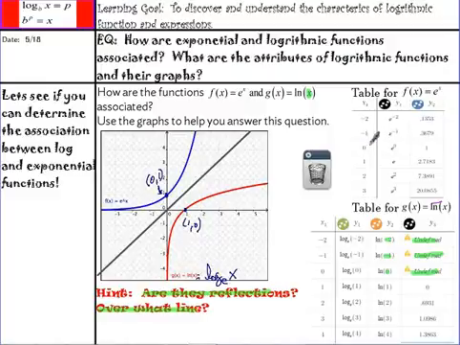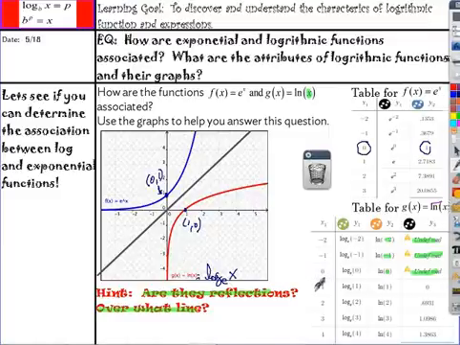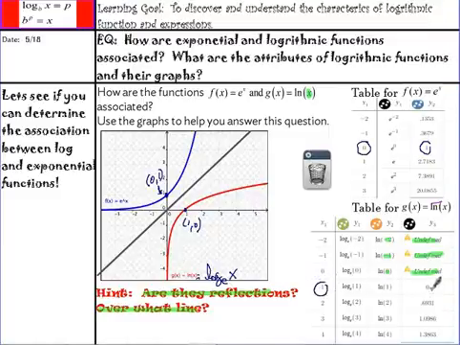The table will also verify that for an x value of 0, the y value is 1 for e to the x, and at x equal to 1 for the natural log of x, the value of the function is 0.